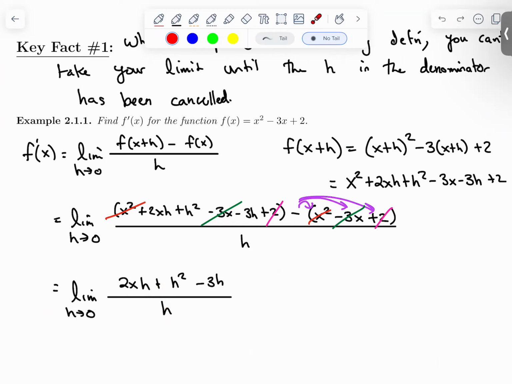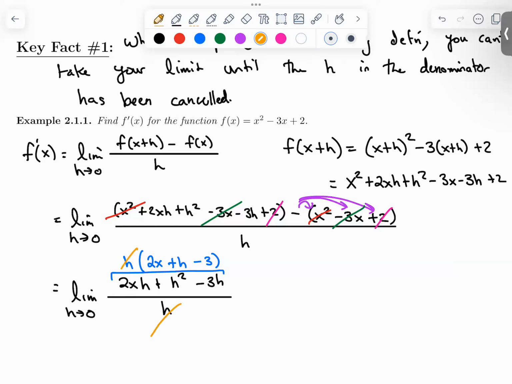So what I have to do is notice that all three terms in the numerator have a common factor of h that I can pull out front. So this right here, let's use blue, we haven't used blue, is h times 2x plus h minus 3. And then I can cancel the h's because now it is a factor.